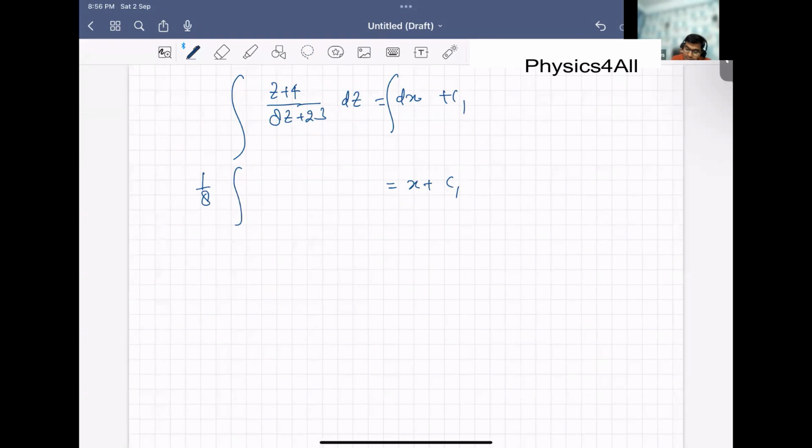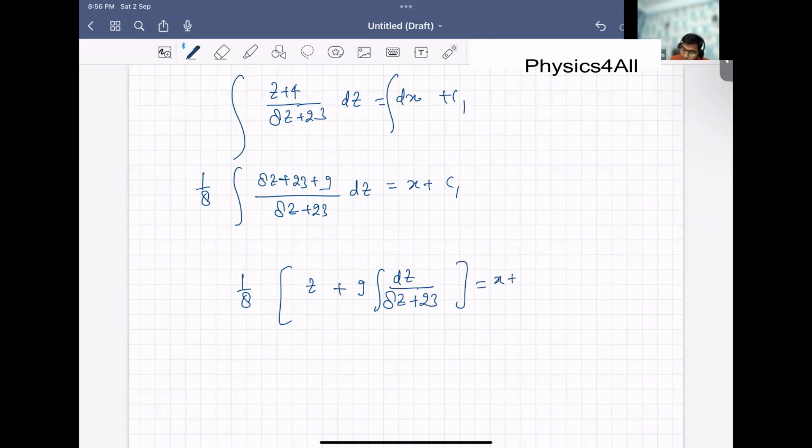So numerator becomes 8z plus 32, which I can write down as 8z plus 23 plus 9, right? Over 8z plus 23, and this is dz. So in other words, I will write it as 1 dz plus 9 dz over 8z plus 23. I hope this is fine with everyone, right?